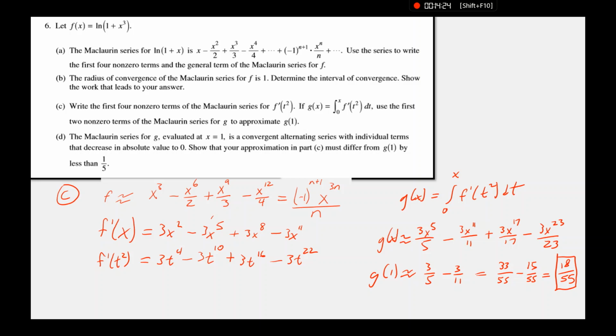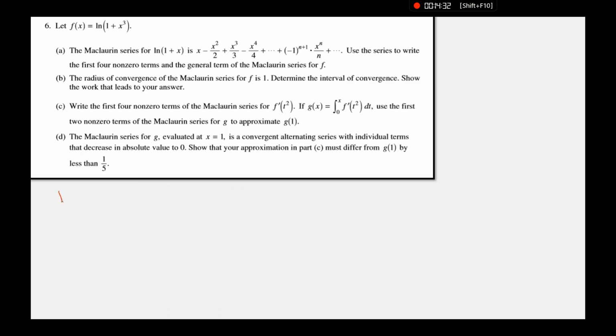Okay, so this is an error estimate. So what's the general form for an error estimate? Oh, so the error should be less than the next term. Okay, so our error is our actual minus our estimate, right?